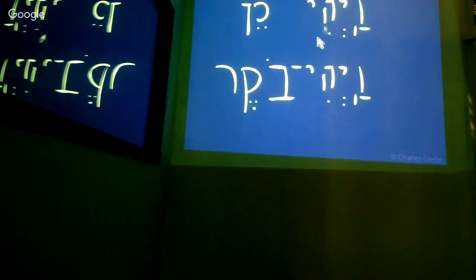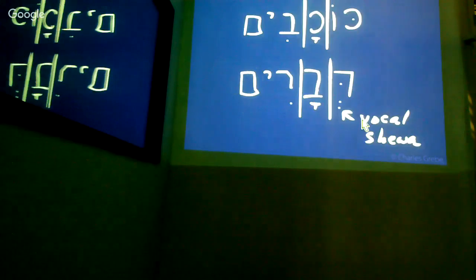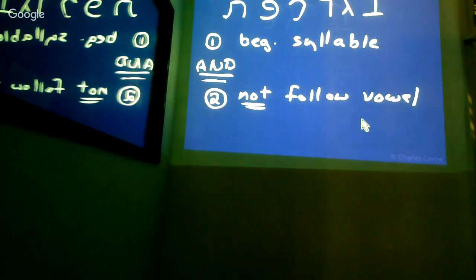Now here it's followed even more closely than here because you have a Maqqeph just joining both together. But that's why you say Vaihi Voker, not Vaihi Boker. So Daghesh Lene can disappear quite easily. The thing to remember is really just our two conditions. Daghesh Lene will only be there if it's at the beginning of a syllable and does not follow a vowel, any vowel, even a vocal vowel.